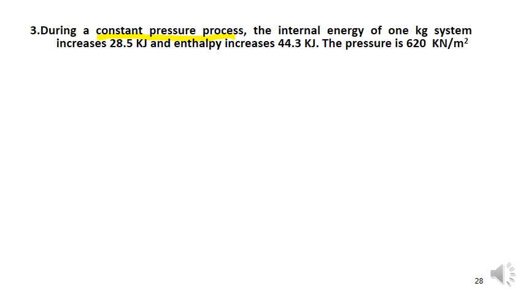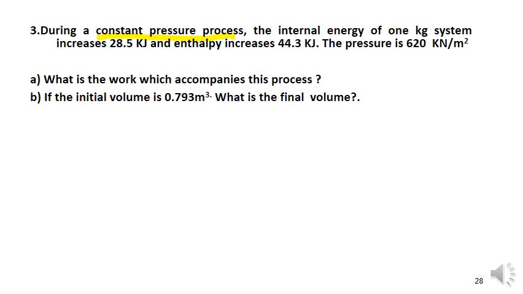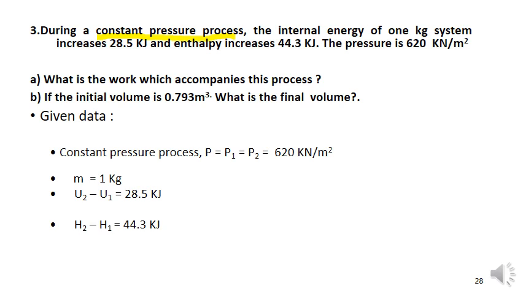During the constant pressure process, the internal energy of 1 kg system increases, mass 1 kg, increases by 28.5 kilojoules, and enthalpy increases, positive 44.3 kilojoules, and the pressure is 620 kilonewton per meter square. What is the work which accompanies this process? If the initial volume is 0.793 meter cube, what is the final volume?